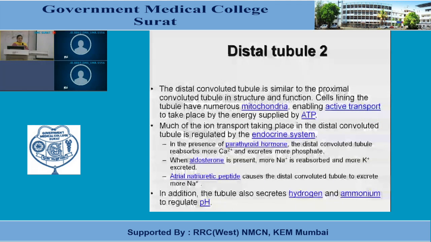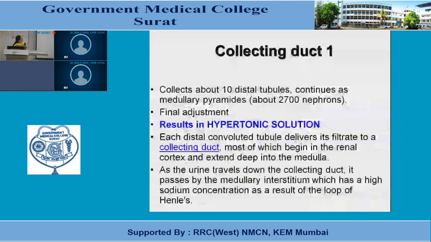The collecting duct results in a hypertonic solution because it is more permeable to water under the influence of ADH. There are ADH receptors present, and that causes the stimulation of aquaporins. Aquaporins are usually inside the cytoplasm of the cell, but whenever there is ADH, that will stimulate the aquaporins to come to the surface of the cell and form water channels.